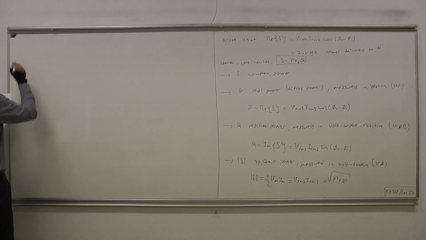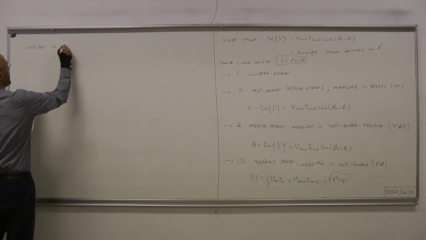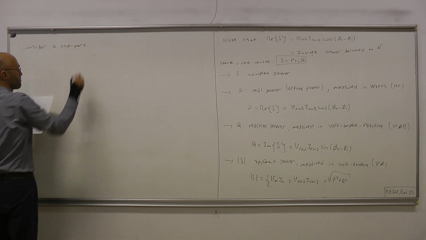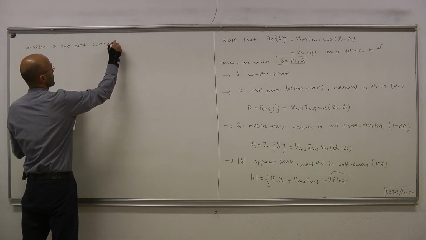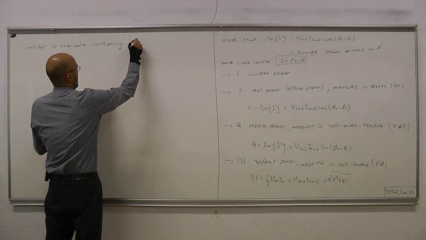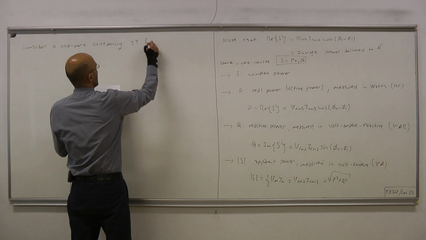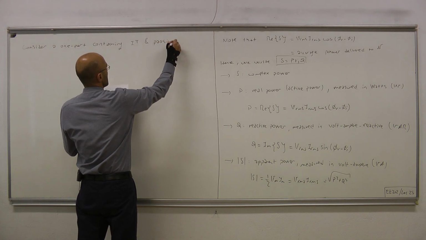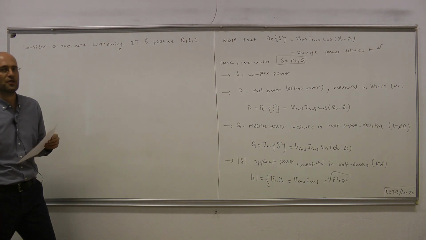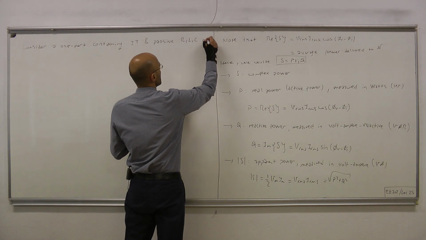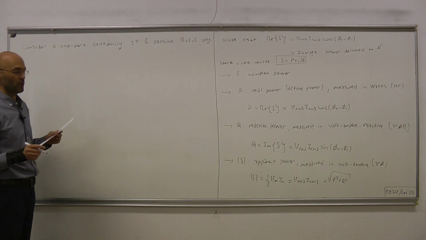Consider now a one port containing possibly ideal transformers and passive resistors, inductors, and capacitors only. So we have no sources inside, independent or dependent.